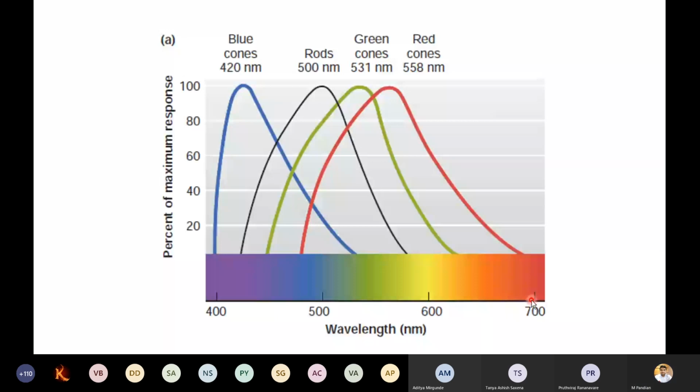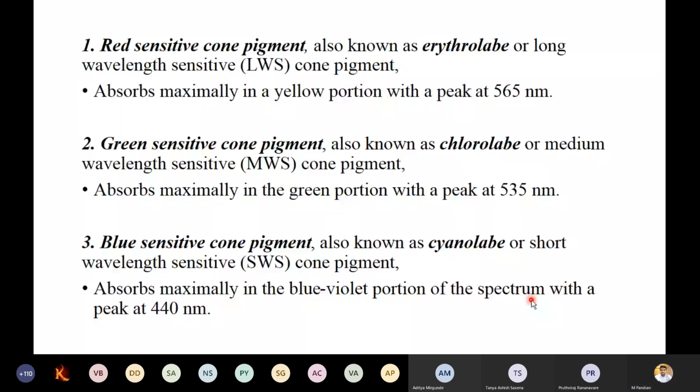Now, the red sensitive cone pigment, also known as erythrolabe or long wavelength sensitive cone pigment, absorbs maximally in the yellow portion with a peak at 560 nanometer.